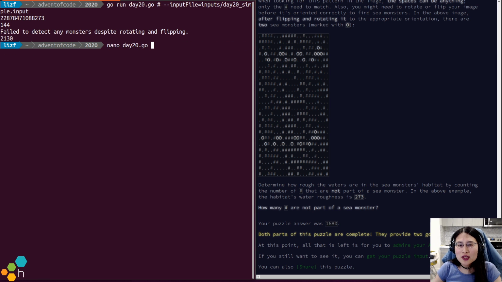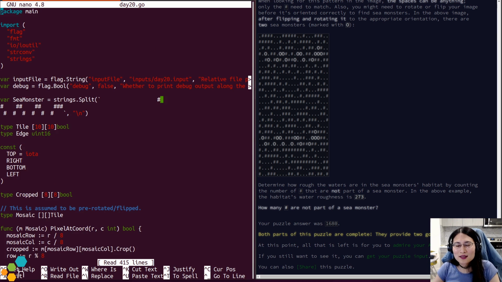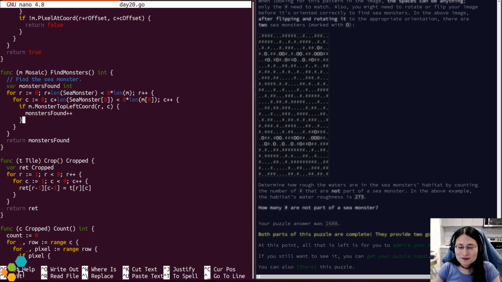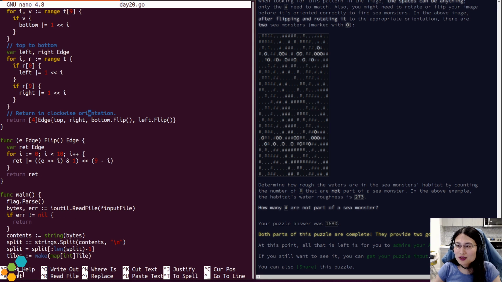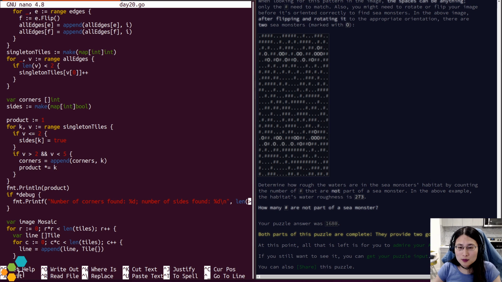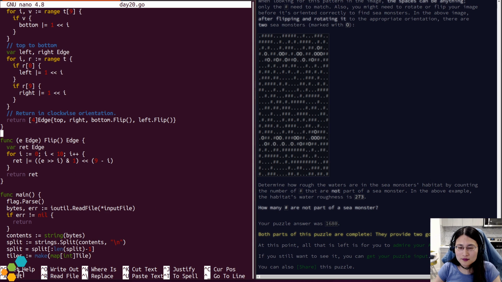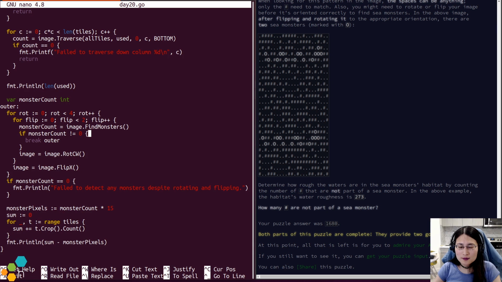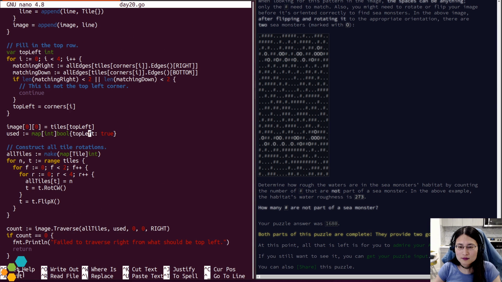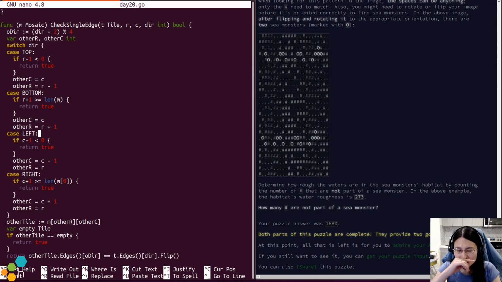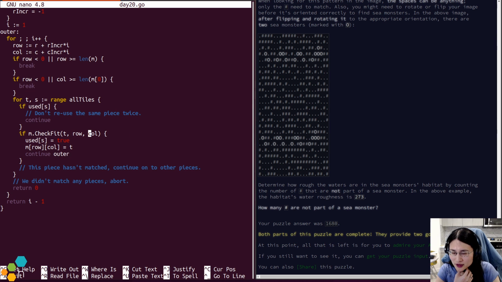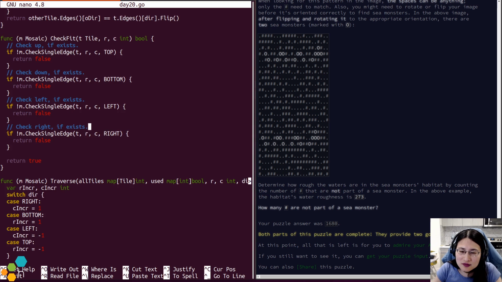Yep, so we have used all 144 pieces, and now we are verifying that they fit on all of the sides. So now there is just a problem with my sea monster detection and nothing else. Well, that narrows it down. And the thing is that the sea monster detection worked on the example, which is fascinating.